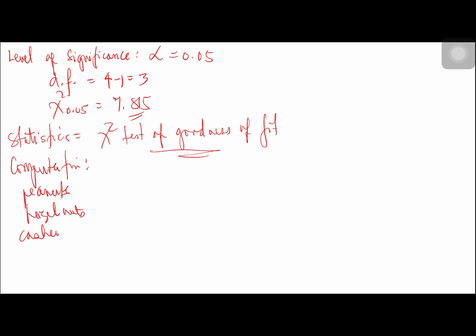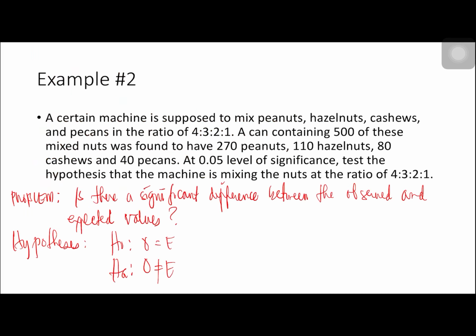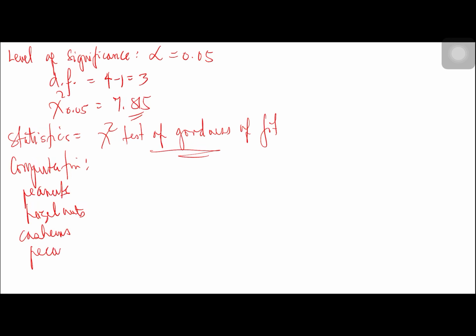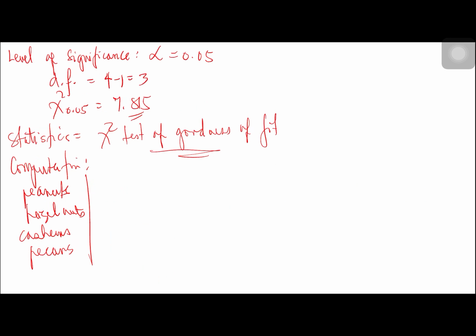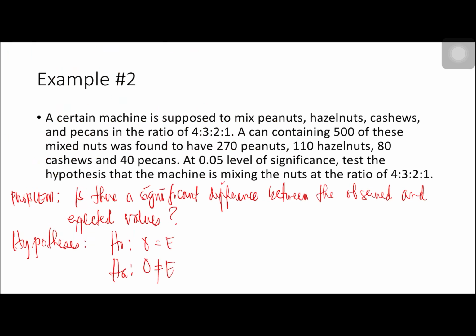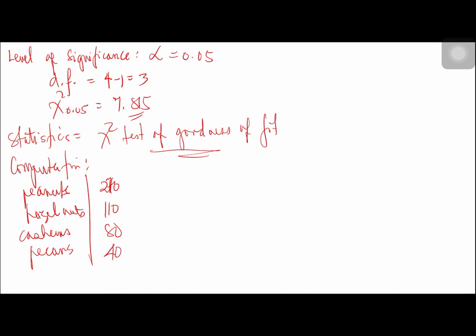For the observed values, we have 270 for peanuts, then 110 for hazelnuts, 80 for cashews, and 40 for pecans. Okay, this is our observed.